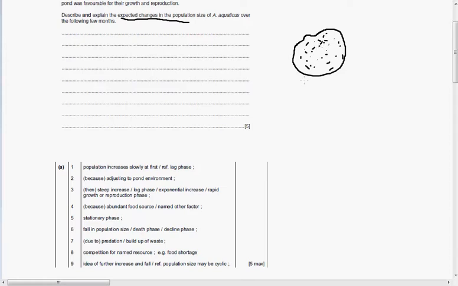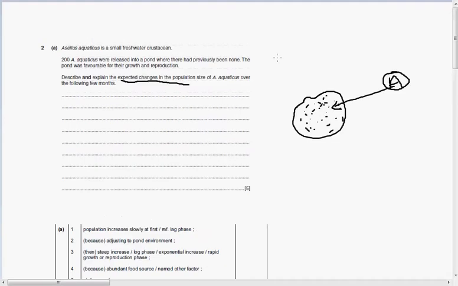What happens when we keep them? Let's say we kept this organism A, we introduce it to the pond, and you should know that the pond was favorable for their growth and reproduction.